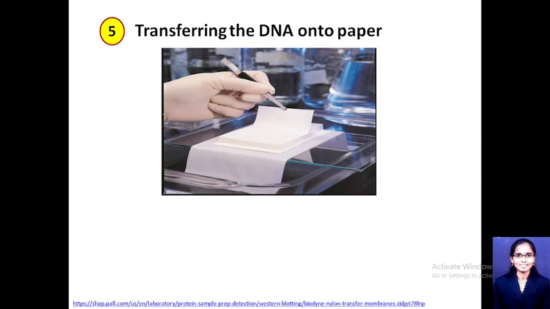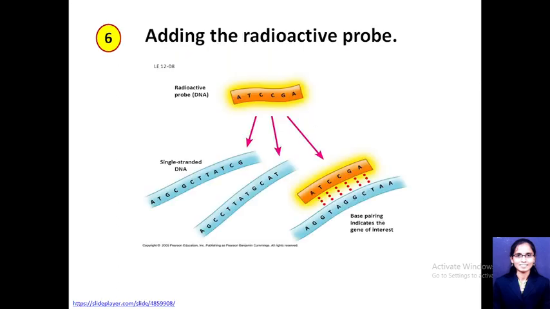After performing electrophoresis, I will go to the Southern blotting technique, in which I will transfer the DNA separated on the gel onto the nitrocellulose membrane. Once I have blotted the DNA fragments on the nitrocellulose membrane, I will hybridize the DNA present on that membrane with the help of DNA probes.